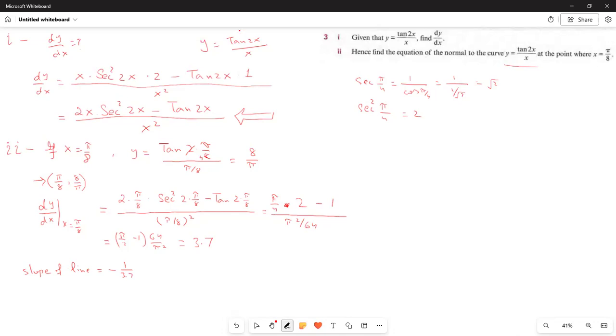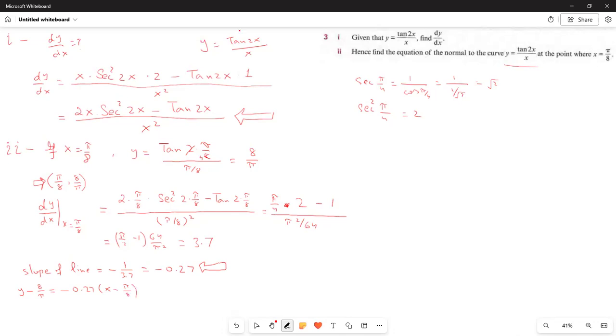I hope it's clear. So this comes out to be minus 0.27. Okay, now we know the slope of our required line and we know that it is passing through this particular point. So we have everything to find the equation of the straight line. So that equation is going to be y minus y1, which is 8 over pi, equals m, which is slope, minus 0.27, into x minus x1, just pi by 8.